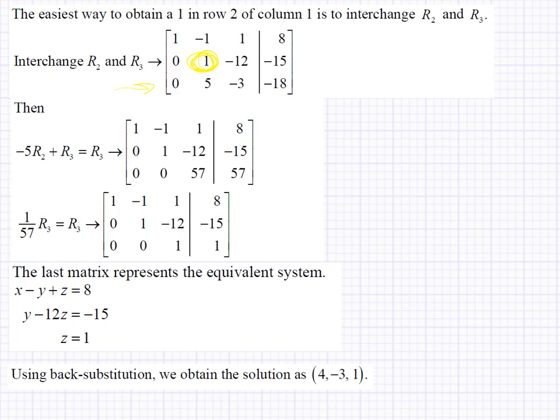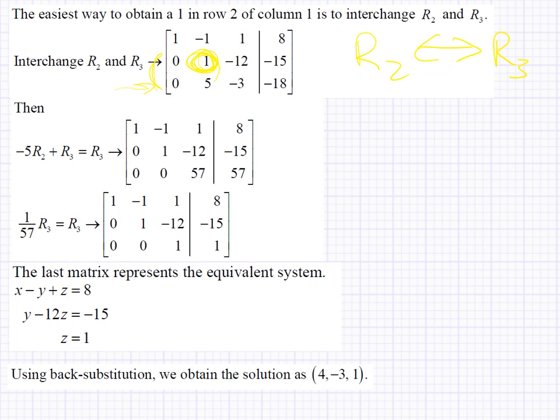So if I just interchange row 2 and 3, so row 2 interchanged with row 3, then I can actually get a 1 there without having to do any real operation. So that's easier. If you didn't see that, then we could have divided by 5. But if you noticed that, then you could have simply just swapped those two rows. To me, that's the easier way to do it.